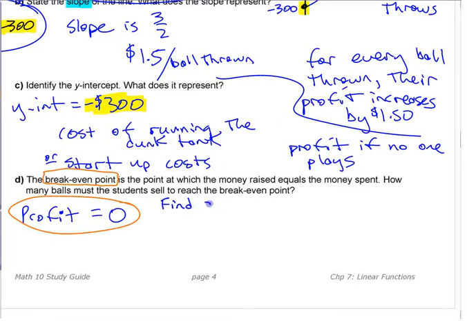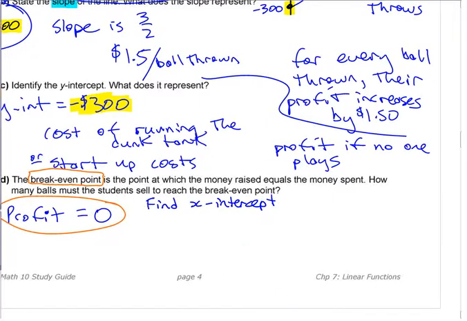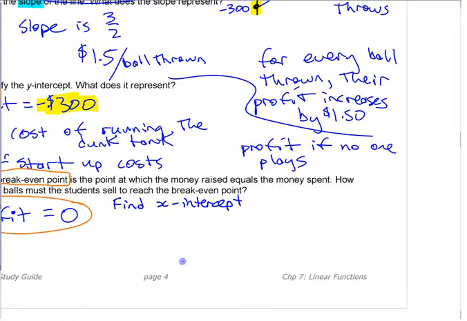Find the x-intercept. If you had the graph with a grid, you could just look at the graph and see what the x-intercept is. But we don't have a graph with a grid. The way you can find it is with the equation.